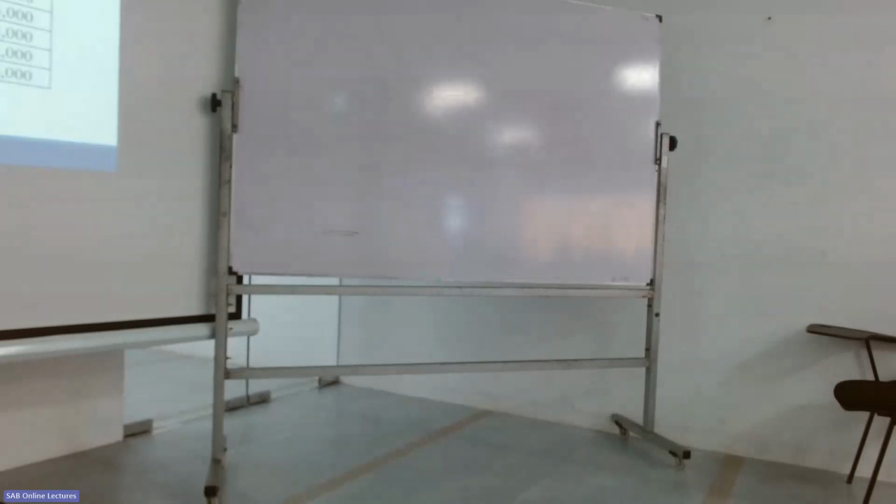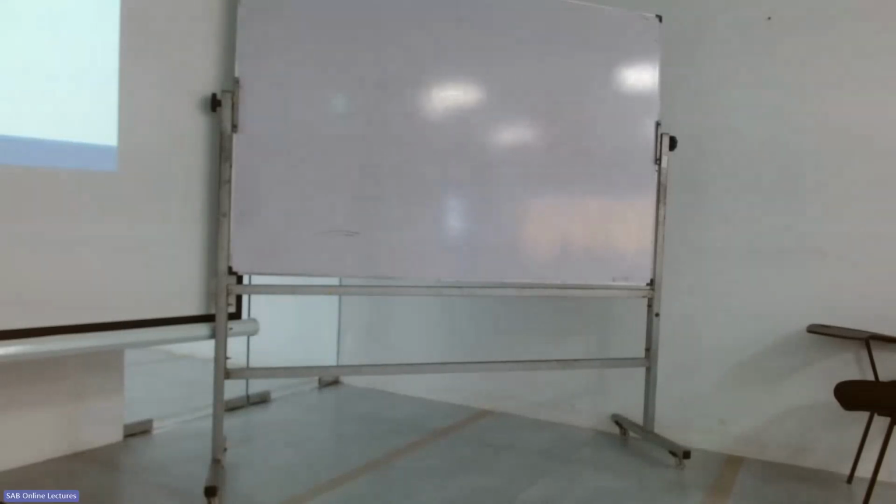Now suppose you are given information like this. These are the year-end investments for a particular project over the 5 years. This is EBIT, earnings before interest and tax. If the applicable tax rate is 30%, you have to calculate the accounting rate of return.